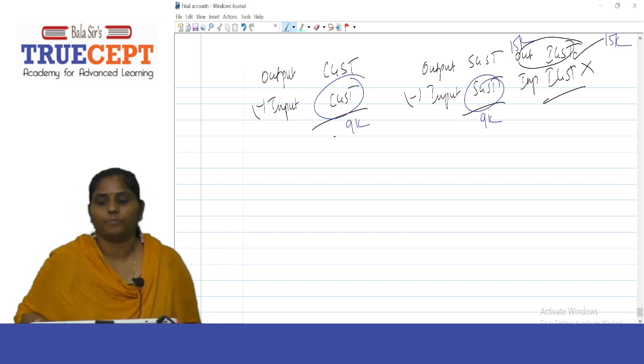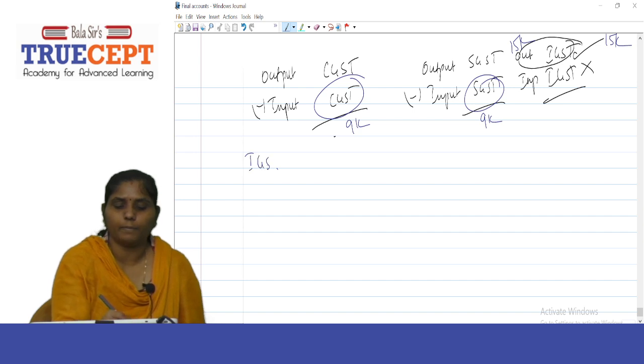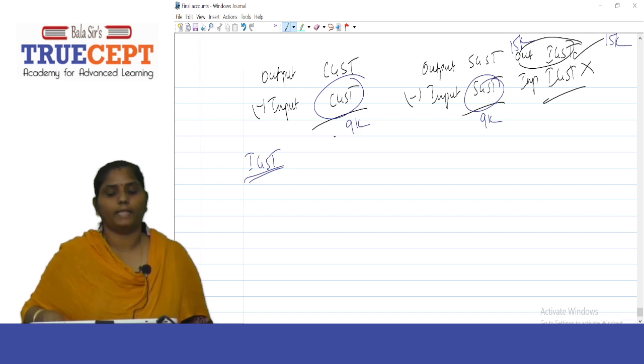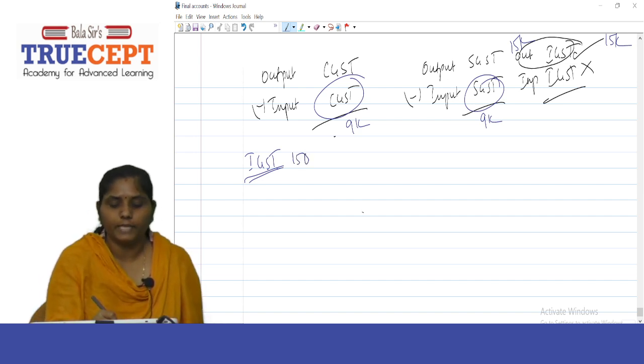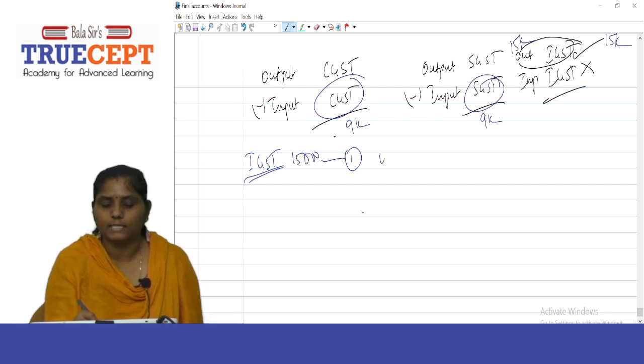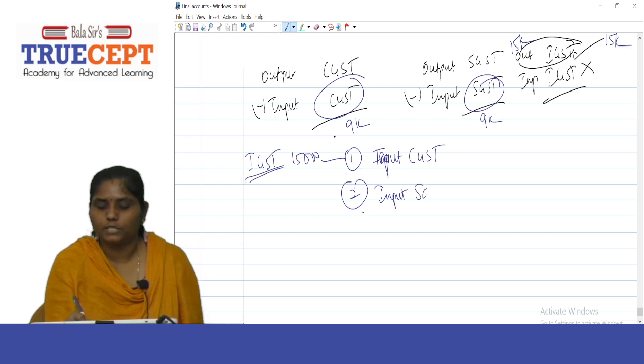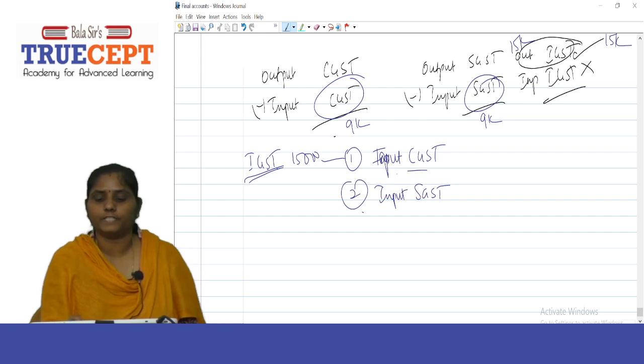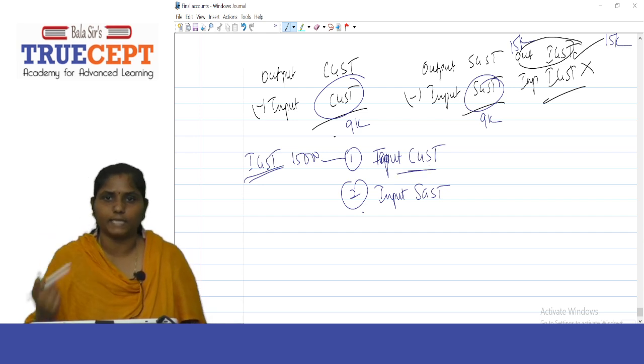You can adjust, yes. First, IGST, remember, we are supposed to pay completely to the central government, right? So therefore, this 15,000 will be first adjusted against input CGST. Then number 2 against input SGST. Okay. First, to the extent available in the input of CGST, I'll adjust because that is due towards the central government.